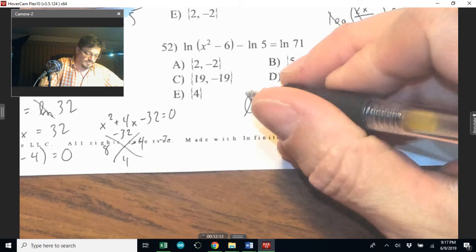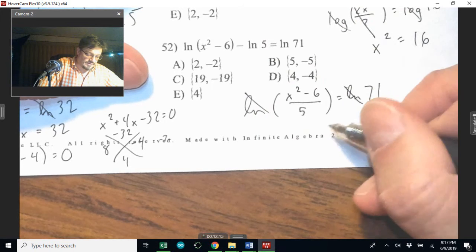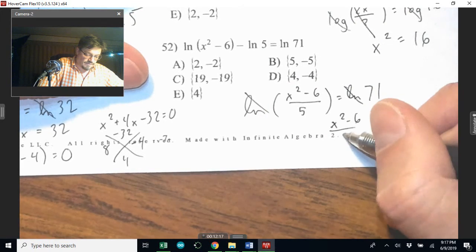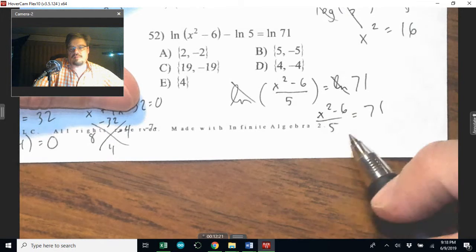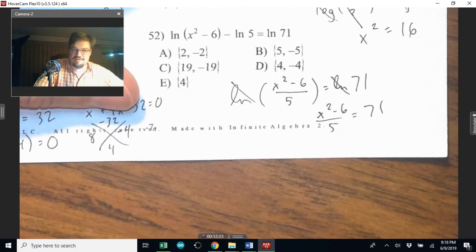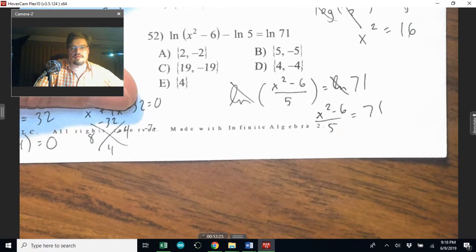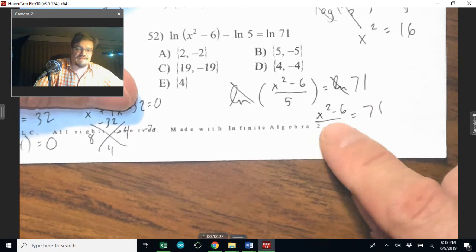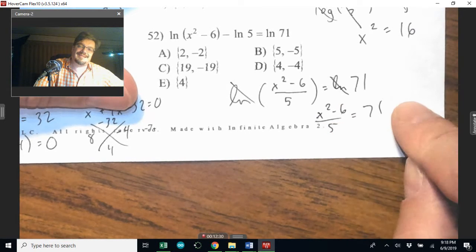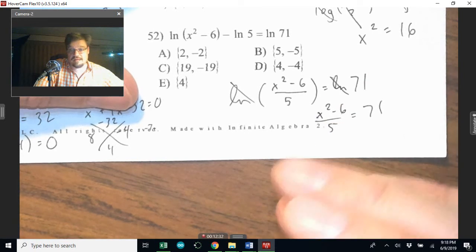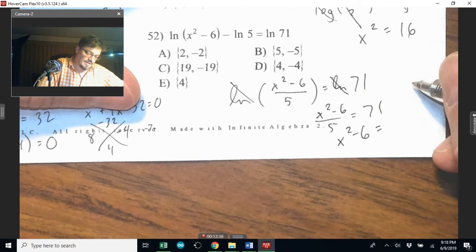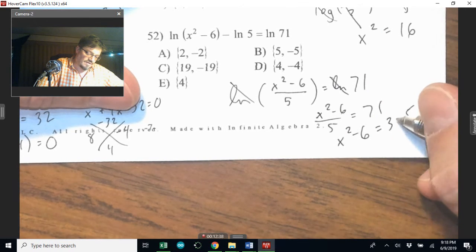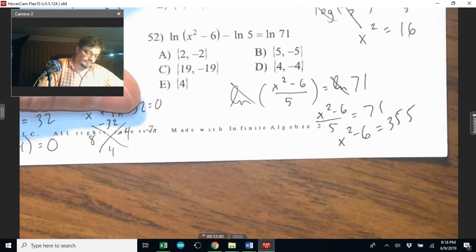So now I can cross them off, and I'm going to get x squared minus 6 over 5 equals 71. Now, you have to multiply both sides by 5 before you can solve this quadratic. This entire side is being divided by 5, so make this side multiplied by 5, and you've evened the playing field here. Equals, let's see, we got 5 and then 30, that's 355.